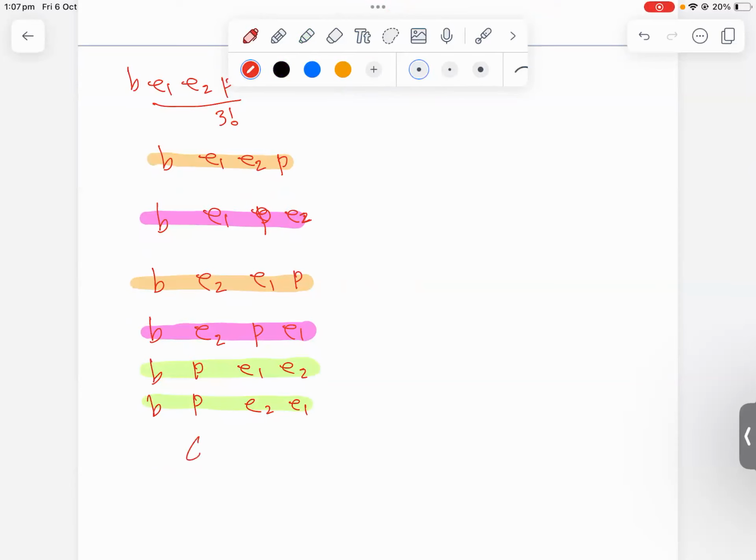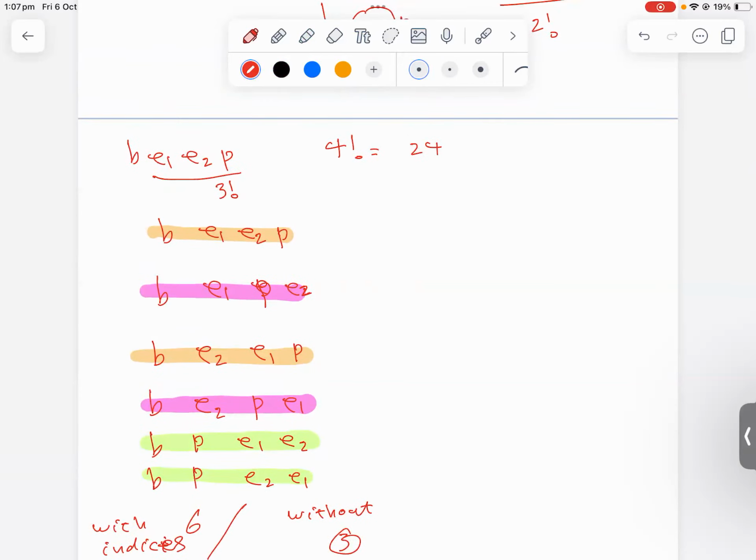So here there are 6 with indices, but without indices, we will have 3 cases.